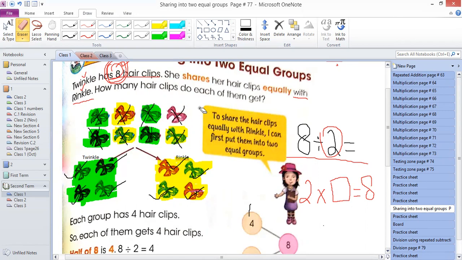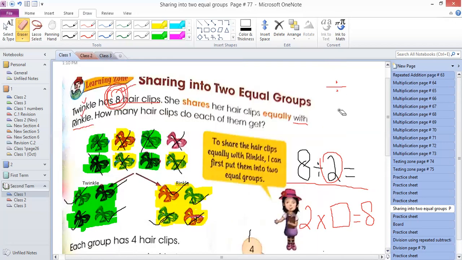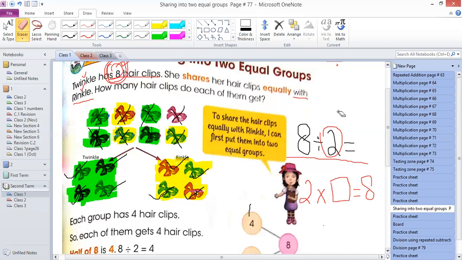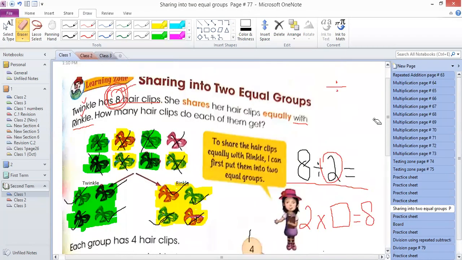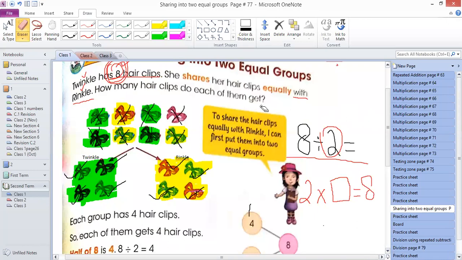Okay, what you have learned so far is that you can share into two equal groups. Sharing division is all about sharing into equal groups. If you want to share 8 hair clips between Twinkle and Wrinkle, that means you want to divide 8 by 2.